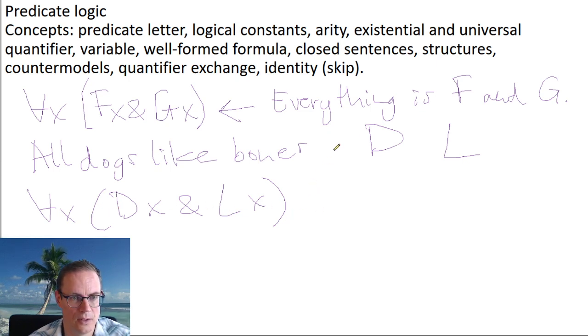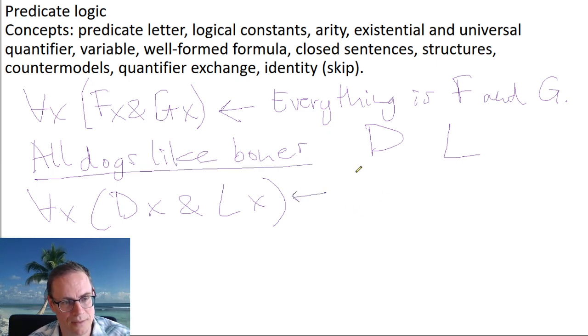Doesn't that say that all dogs like bones? And the answer is no, because this actually says that everything in the universe is a dog and likes bones, which is not what we want. So we have to scratch that.